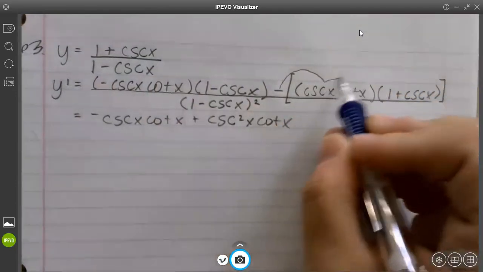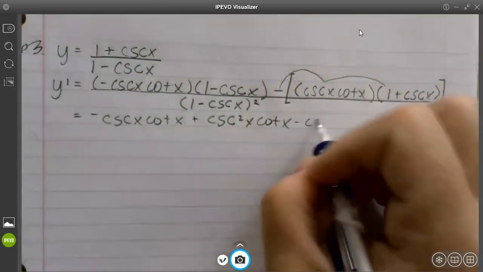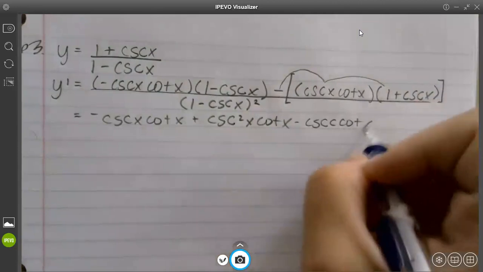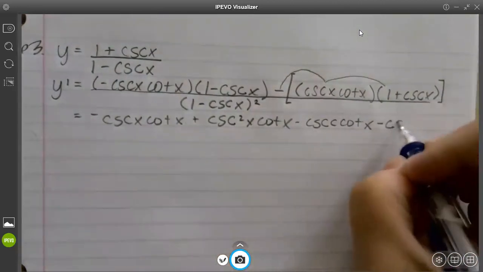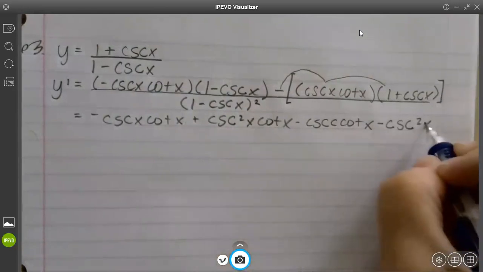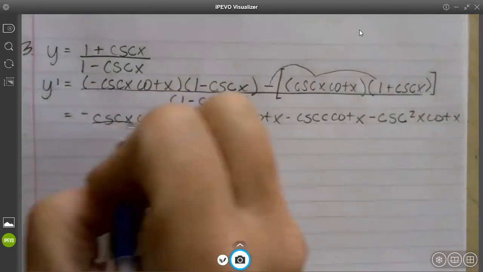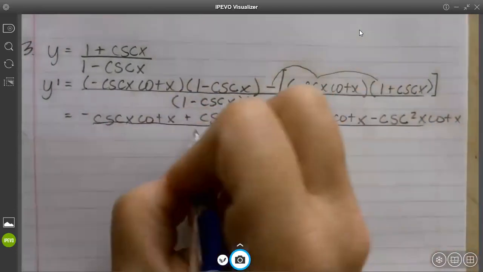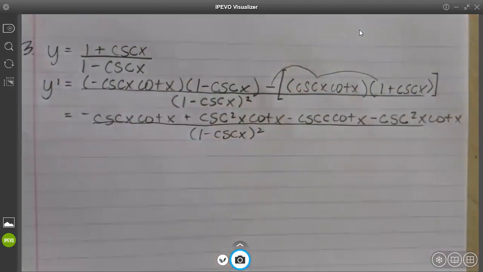I'm going to distribute my negative and my cosecant at the same time. So negative cosecant cotan x and minus cosecant squared x cotan x all over 1 minus cosecant x squared.